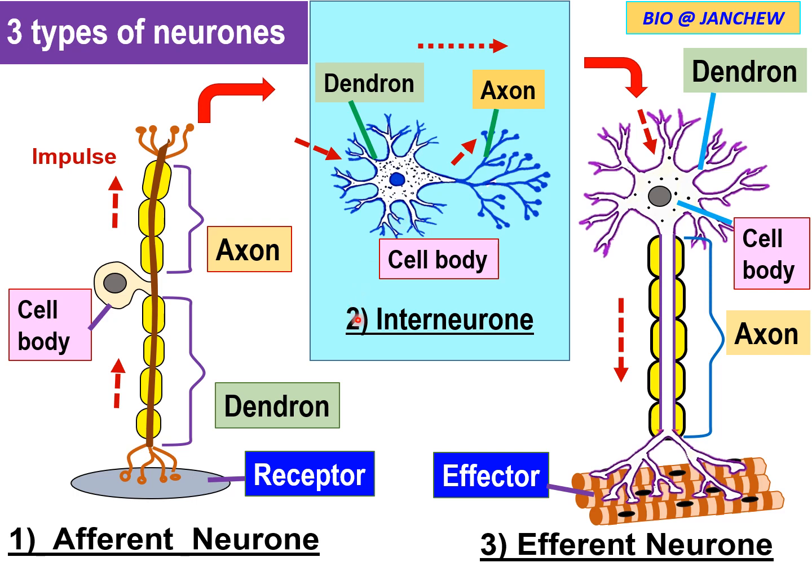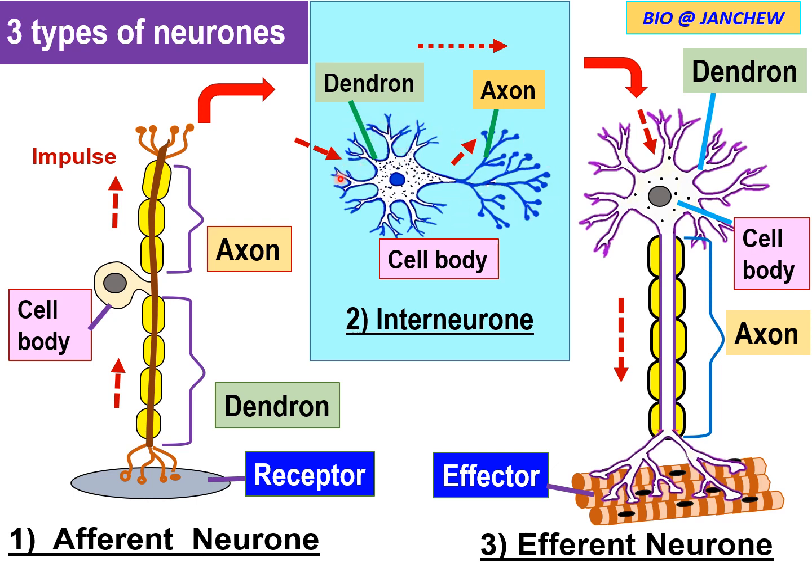Okay, the next neuron is the interneuron. It is also called the intermediate neuron because it connects the afferent neuron to the efferent neuron, so it's called interneuron. The interneuron is a bit shorter.